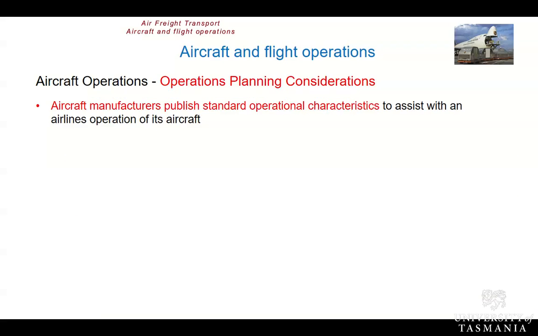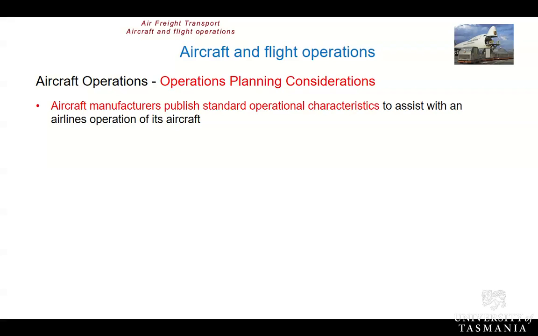When it comes to operations planning, every aircraft that departs on a journey is underpinned by a whole range of operation planning considerations. Now, if you're an airline, you get a lot of guidance from the manuals provided to you by Boeing or Airbus or whoever the aircraft manufacturer is.